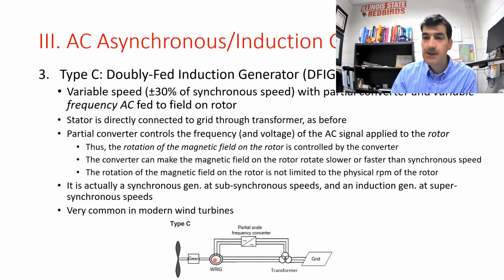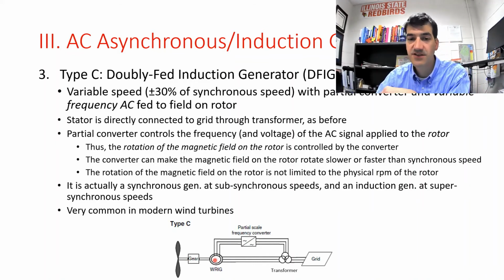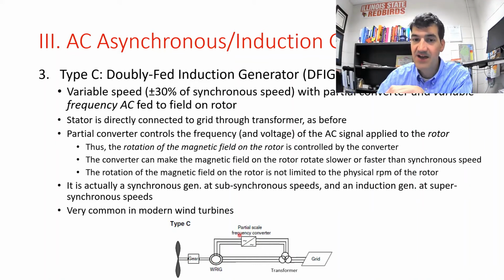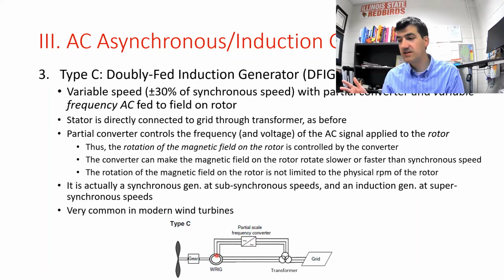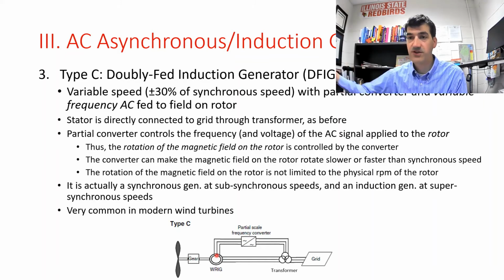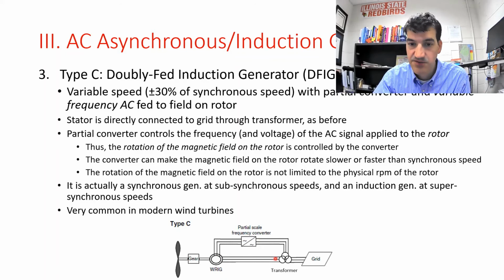All right, so basically the whole point is to use the converter to apply whatever frequency AC I need at that time to the rotor to make it operate close to the synchronous speed and therefore push current out through the armature windings and to the electric grid.